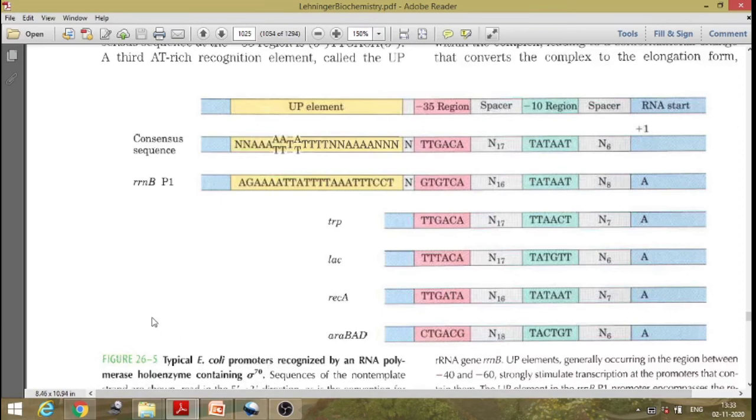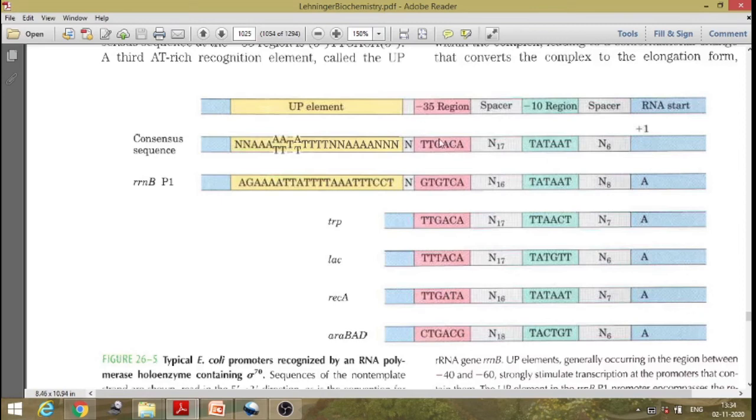Common bacterial promoters recognized by the holoenzyme containing sigma 70 were analyzed and compared. The analysis and comparison have revealed similarities in two short sequences centered about positions minus 35 and minus 10.